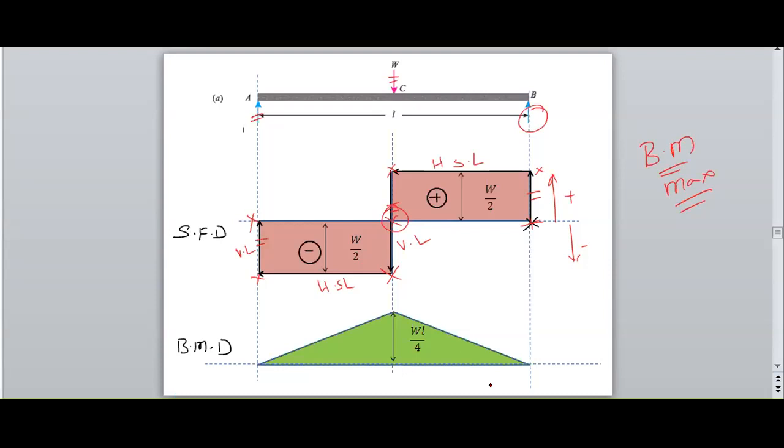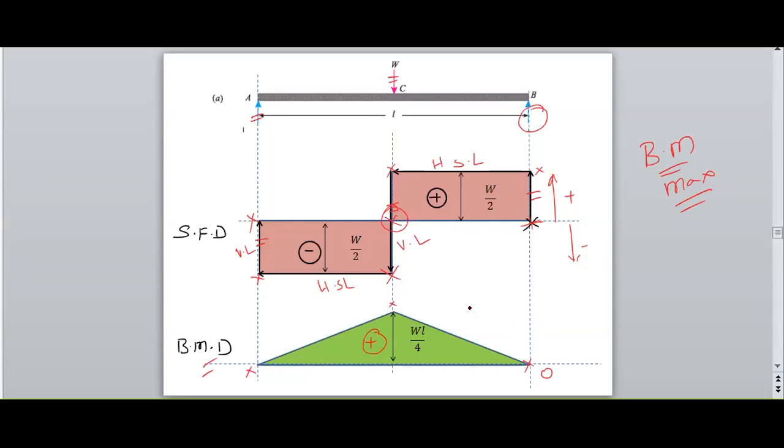Therefore, draw the bending moment diagram. So I have drawn the bending moment diagram. Initially it is 0, only three points are available. At B it is 0. At C we are getting a positive WL by 4, and next again a 0.